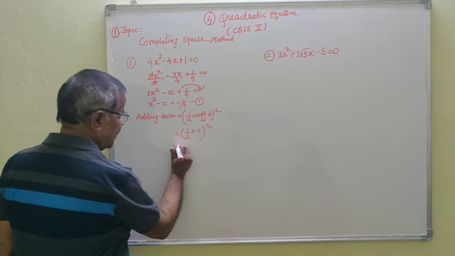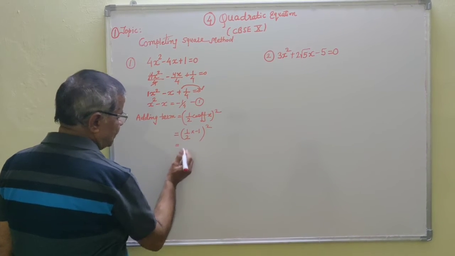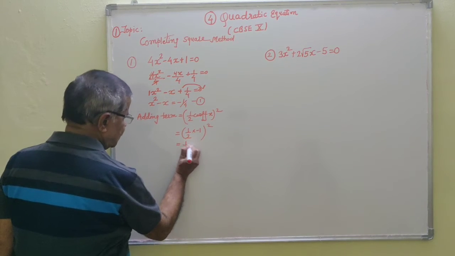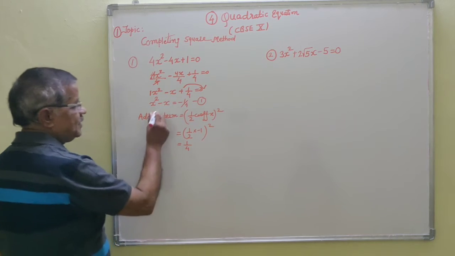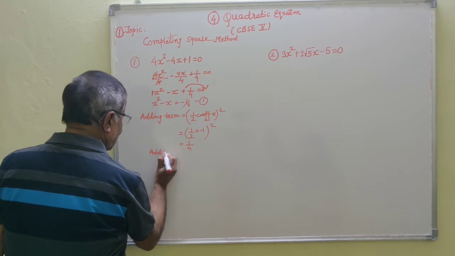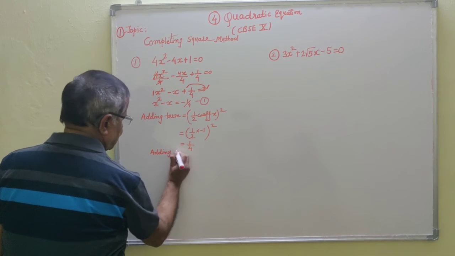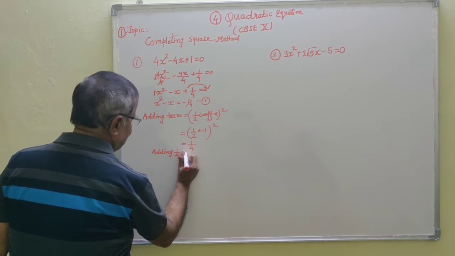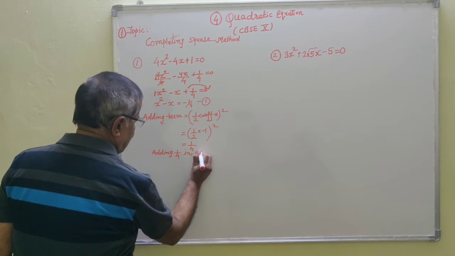Now what will come here? 1 into 1, minus 1 square is plus 1, 2 square is 4. Now I will add 1 by 4 in equation 1 on both sides.